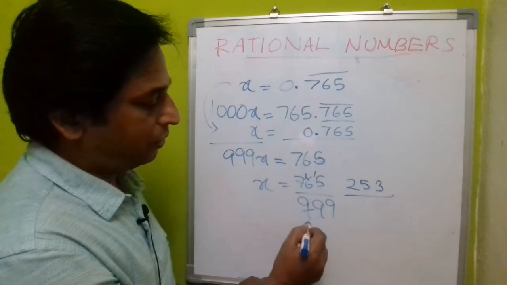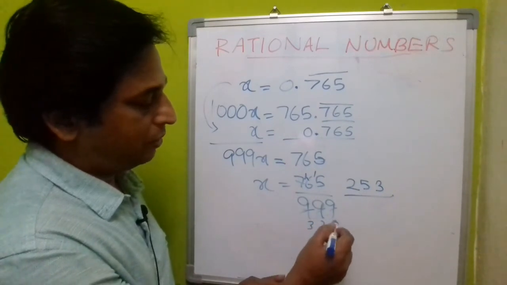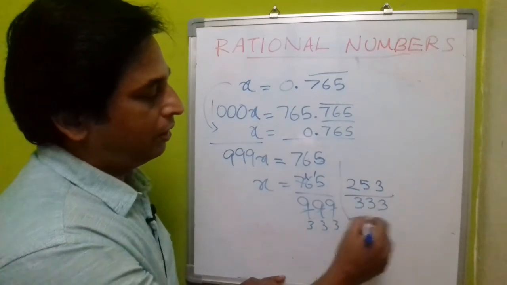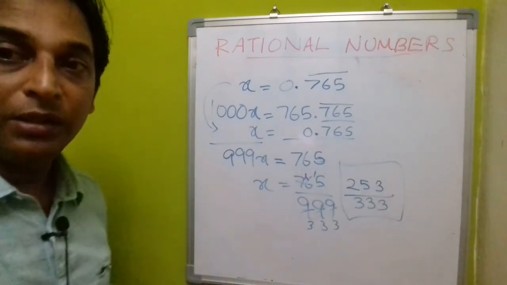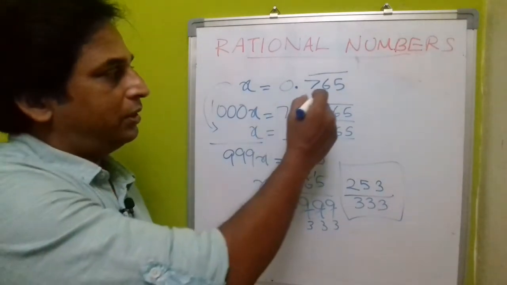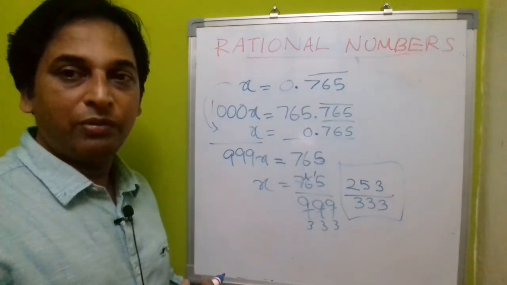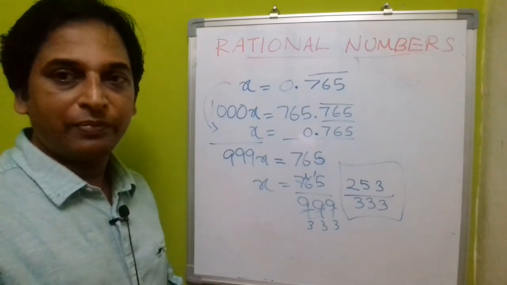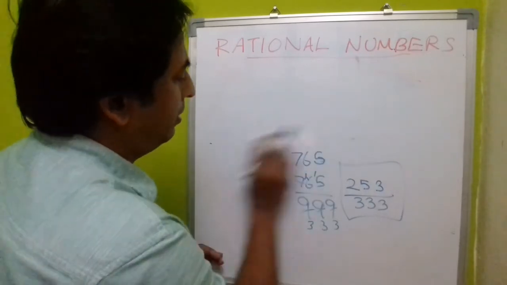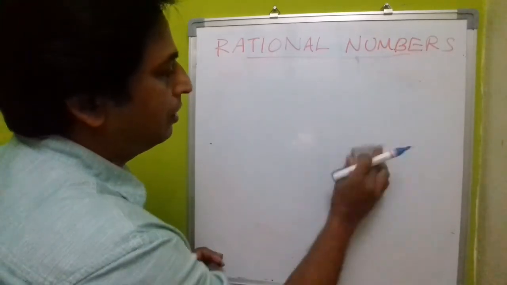Dividing both by 3, that means 255 divided by 333 is the fraction format of this number, 0.765 repeating.